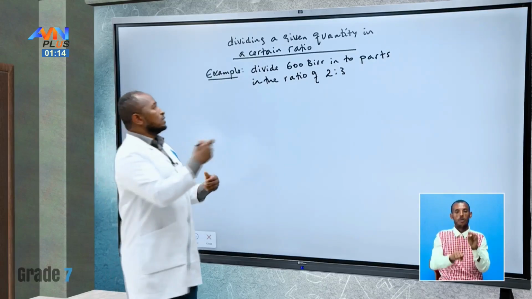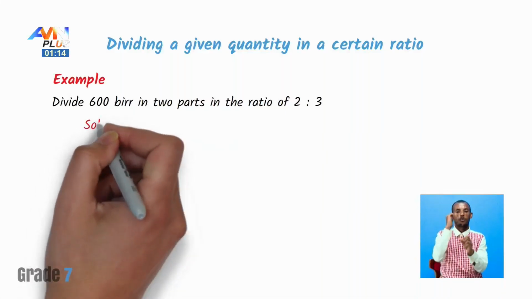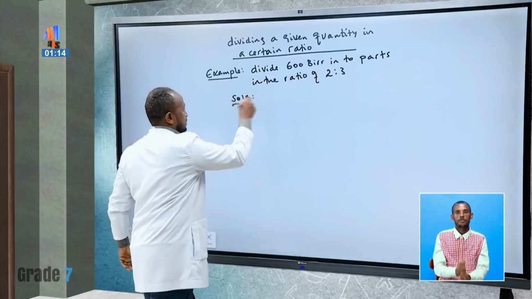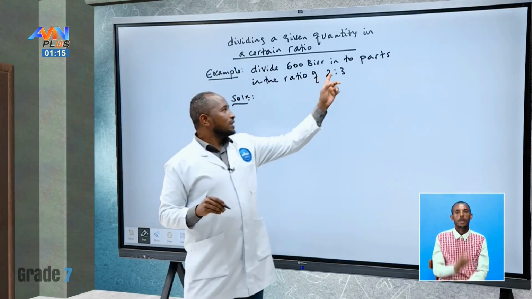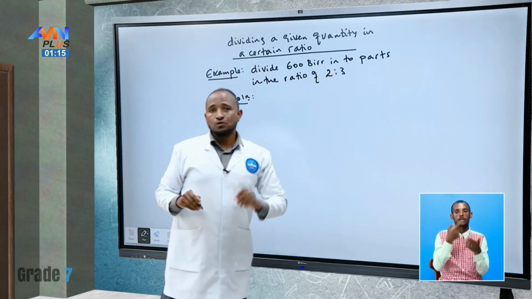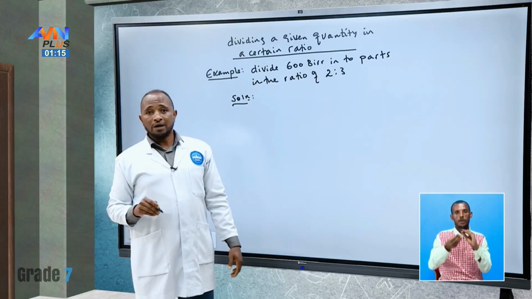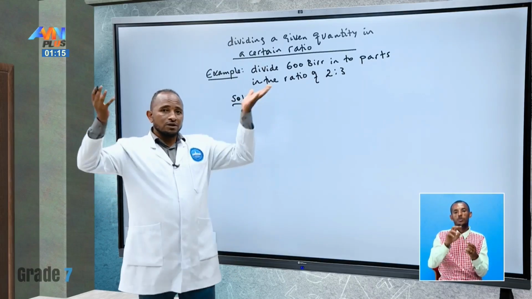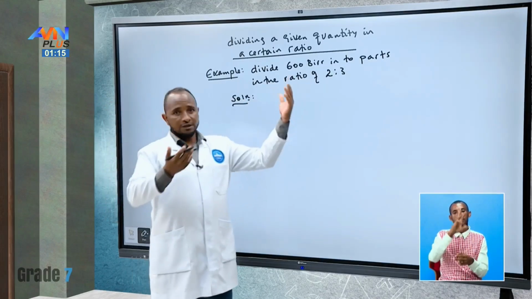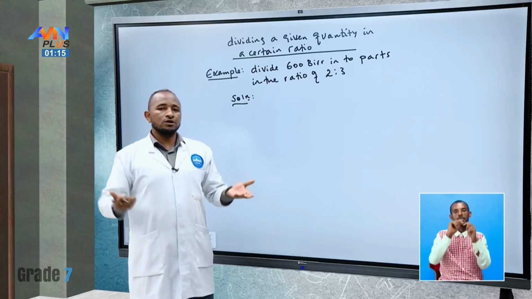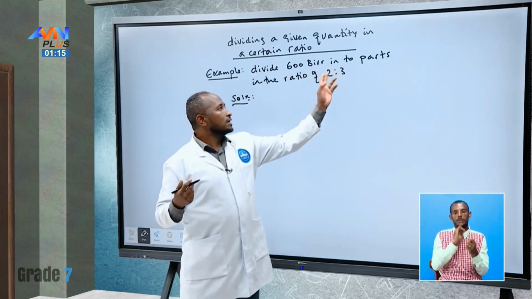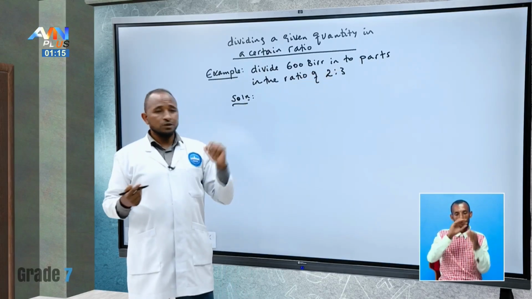To find that, I have to multiply these two numbers, 2 and 3, by a certain constant to get the original numbers, since this is the lowest term. The original quantities are obtained by multiplying both 2 and 3 by the same number.